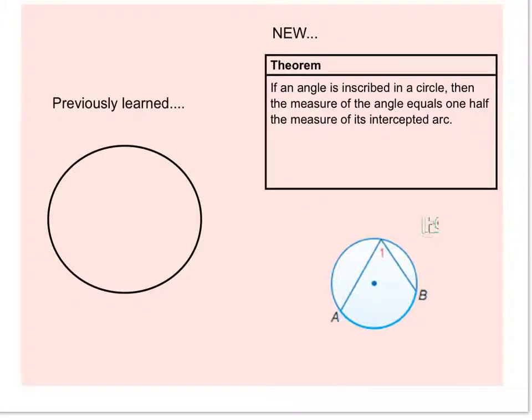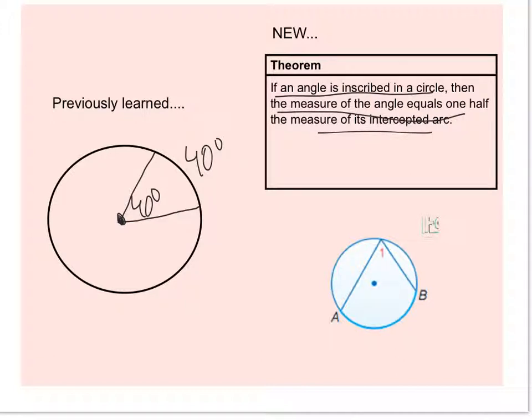Now before, we talked about a central angle. A central angle looks like this. If this arc was 40 degrees, this angle is 40 degrees. The central angle matches up. In an inscribed angle, it's actually 1/2 of that.